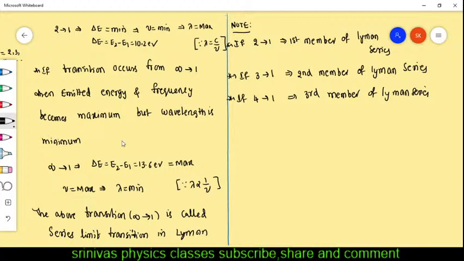Okay, but next let us go for the second one. The second one is the Balmer series. In Balmer series, transition should occur to the second orbit from outer orbits.